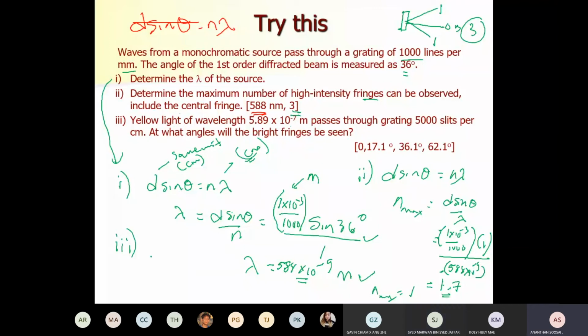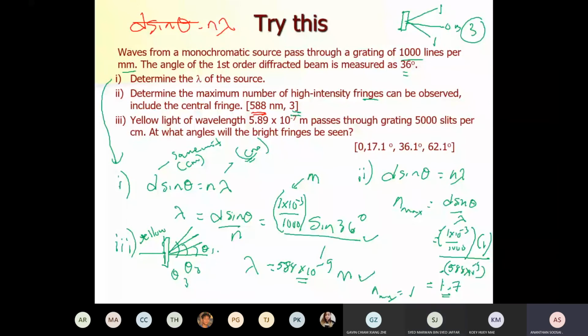The diffraction grating is now shone with yellow light. They want the angle for every order of appearance. At one angle the first order happens, at one angle the second order, at one angle the third order. We don't know how many orders there are, so you have to check one by one.